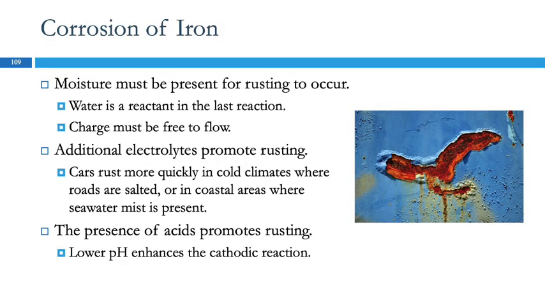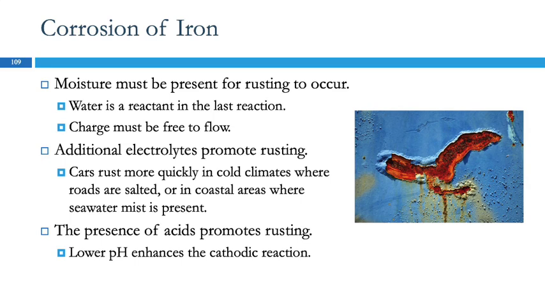So we need moisture present for rust to happen, because water is a reactant in the last reaction of that, and we must have charge that's able to flow, and so the water provides a medium for the charge to flow in.